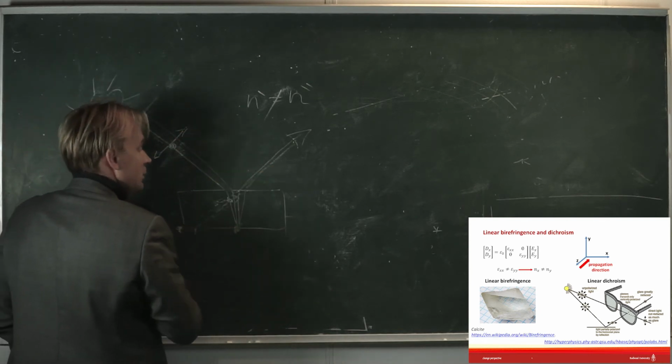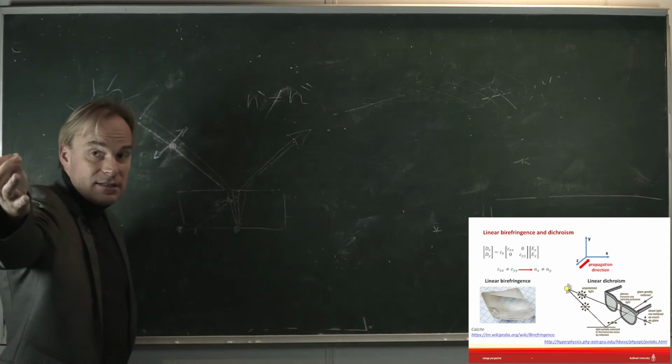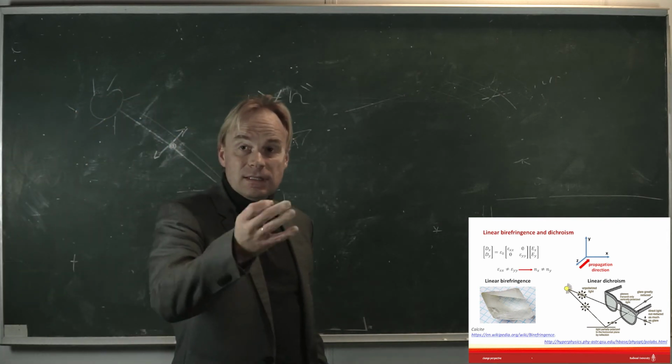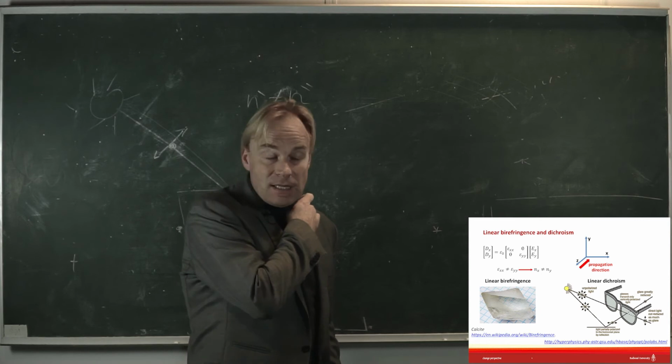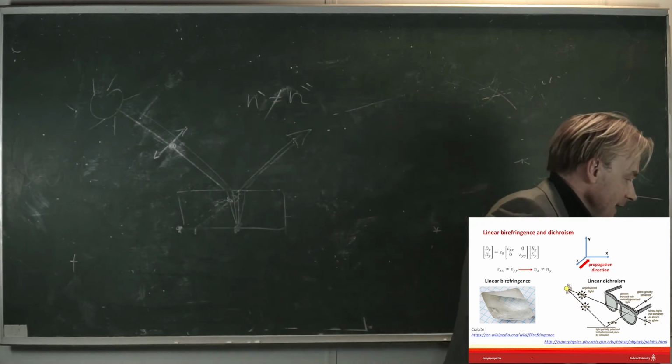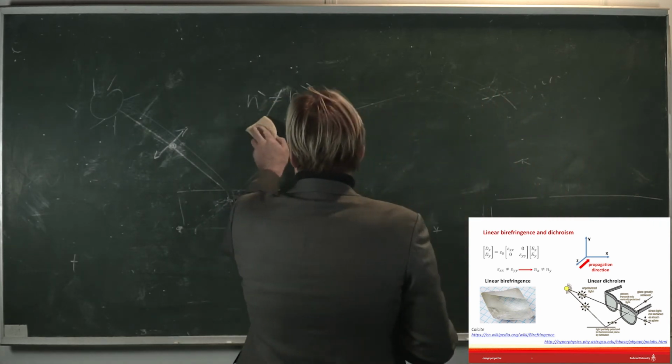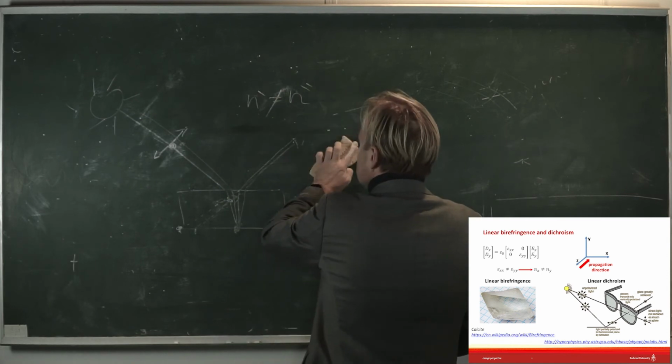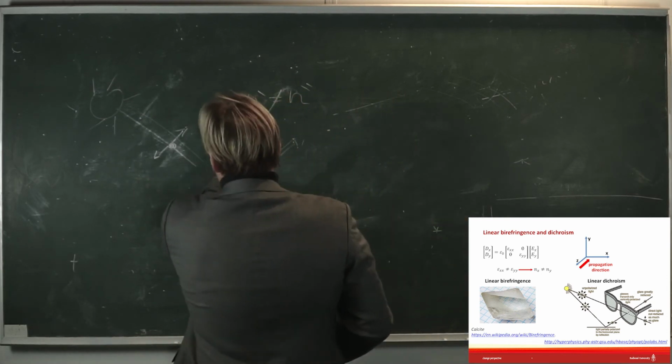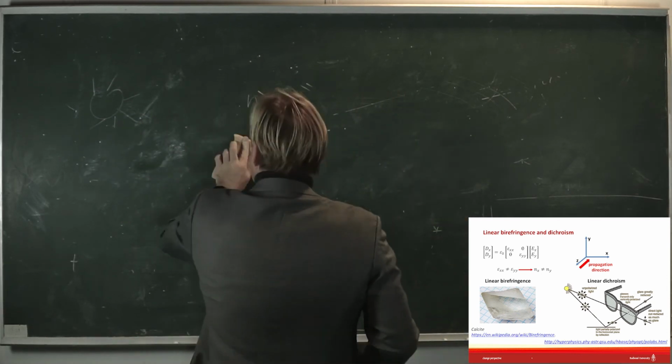So basically it would be shifted in space. This is the origin of the doubling of an image. It's called linear birefringence: a different refraction coefficient for two waves which are linearly polarized.